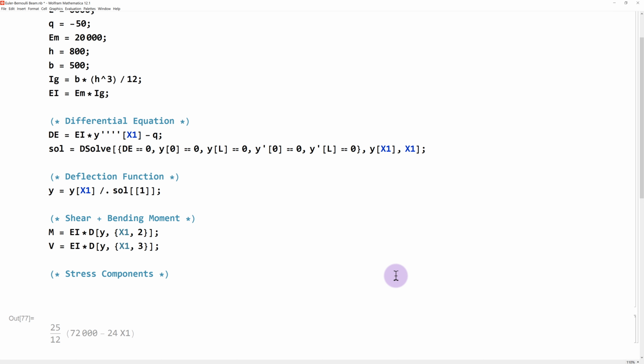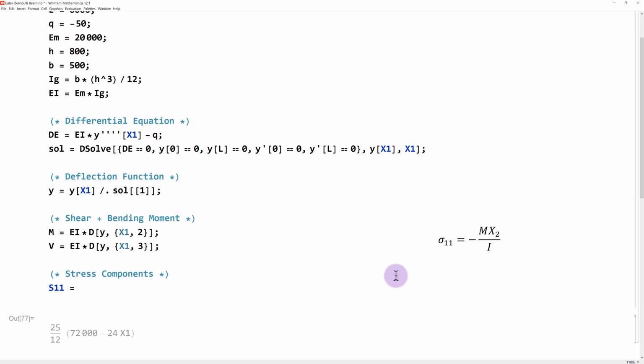So there's 2 stress components that we can solve for. Remember, Euler-Bernoulli beams have 2 different stress components. The first one is the normal stress, sigma 1,1, and the second one is the shear stress, sigma 1,2. So we're going to solve for S11 first, and it's a nice simple formula as you guys can see. It's just -1 times the moment times x2 divided by the moment of inertia.